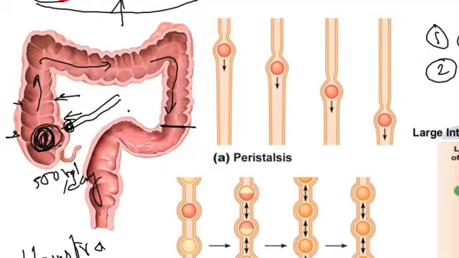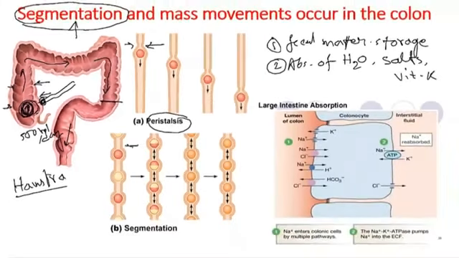This haustral contraction and mass movement propels the feces towards the sigmoid colon and finally into the rectum. This peristalsis is not from one single direction, as there are multiple segments. Segmentation plays a further increased role in clearing all those fecal materials.